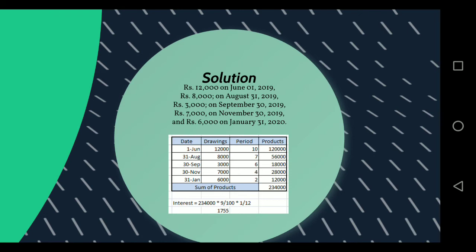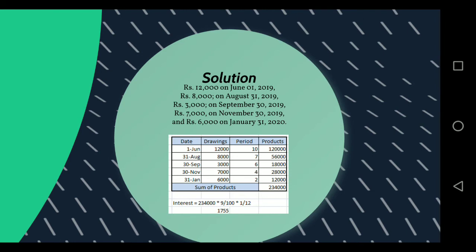The period comes to 10 months. Second drawings is on 31st August. When it is on the last date of the month, that month is not to be included. So from September we will calculate. On 31st August he has written, so we will calculate from September, October, November, December, January, February and March. 7 months for the second column.